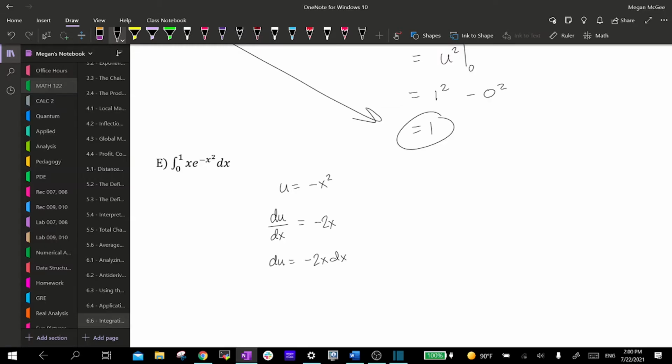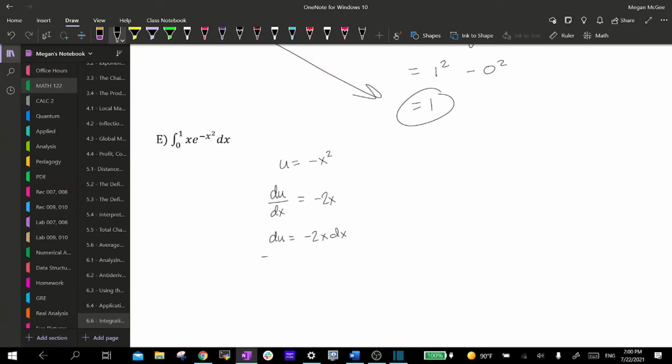So if we notice, we do not have a negative 2 in our original function. That is totally fine. The way we're going to handle that is we're going to divide it out. So we're going to divide over here by negative 2. So we get negative 1/2 du is equal to x dx.